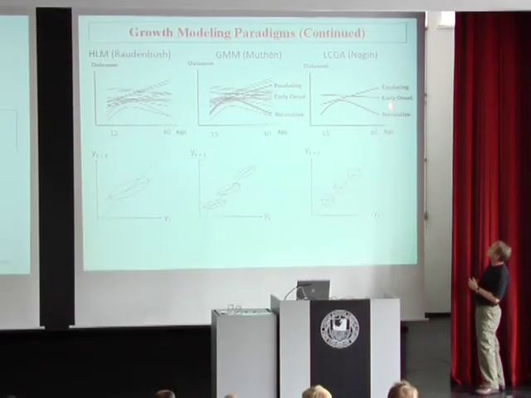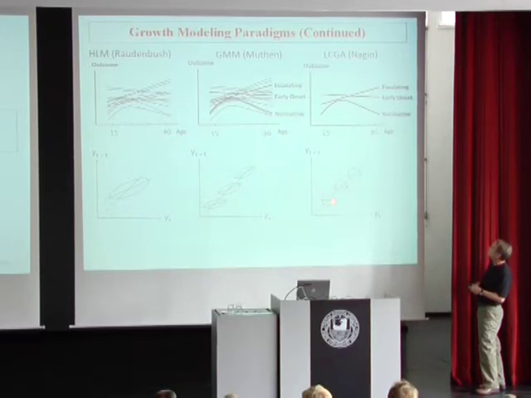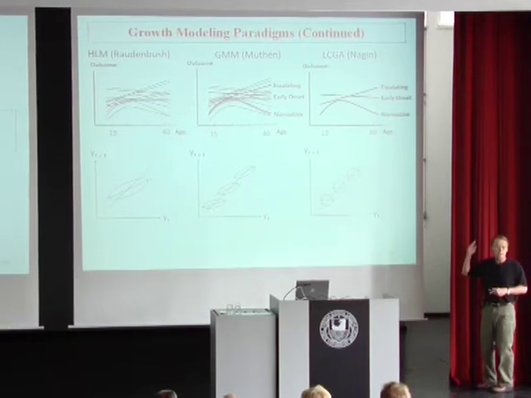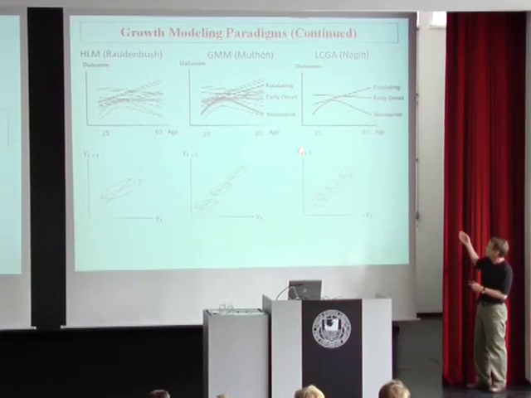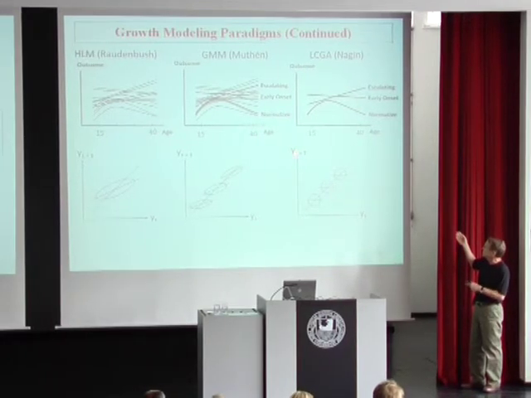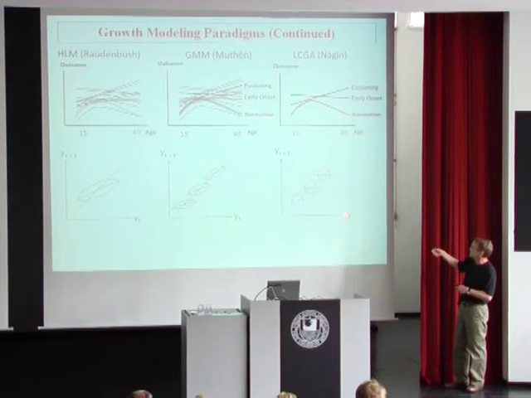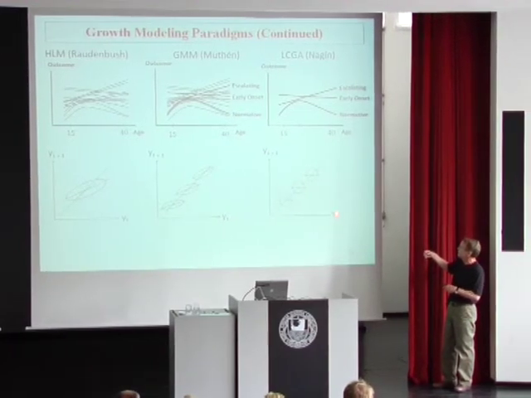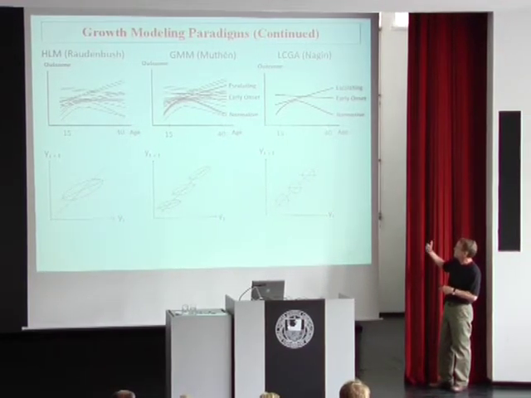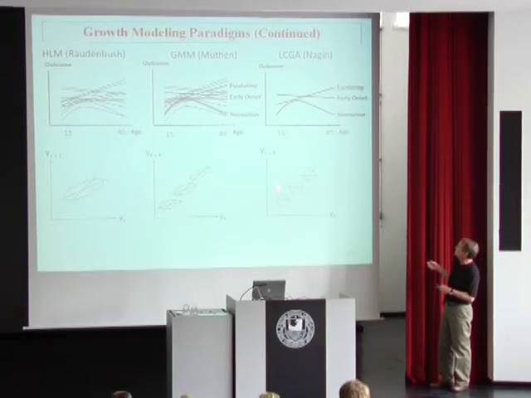The rightmost would be latent class analysis, where we have three classes, and within each class we have conditional independence. In this case, the conditional independence is for the repeated measures. So we're saying that, say, two consecutive outcomes over time are independent for individuals within a certain normative class.